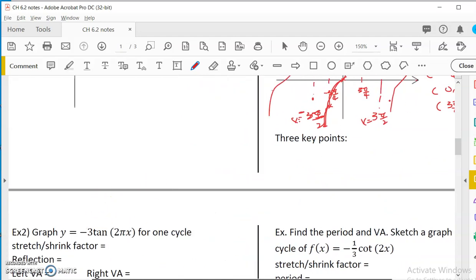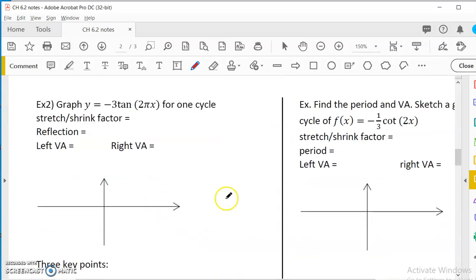Let's graph one more, to practice. The stretching factor is the absolute value of a. A is negative 3, B is 2 pi. So the absolute value of a is 3, right? It's stretched by 3, and there is a reflection over the x-axis. For the left VA, we need to solve 2 pi x equal to negative pi over 2.